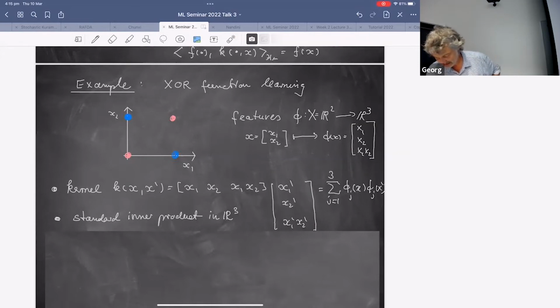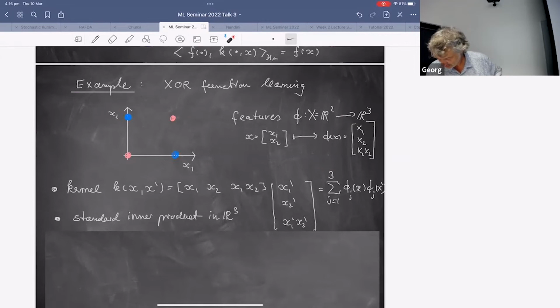We can build a kernel out of those features by a scalar product in R3. This is just the sum of all the components phi1, phi2, and phi3, evaluated at x and at x dash. And that's then our kernel. So phi transpose phi.